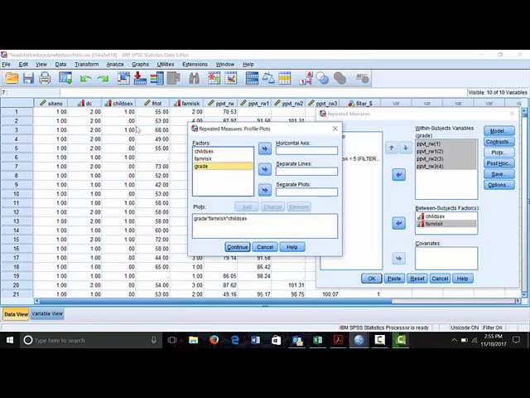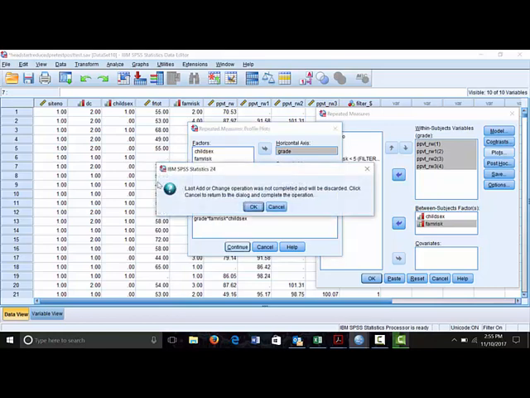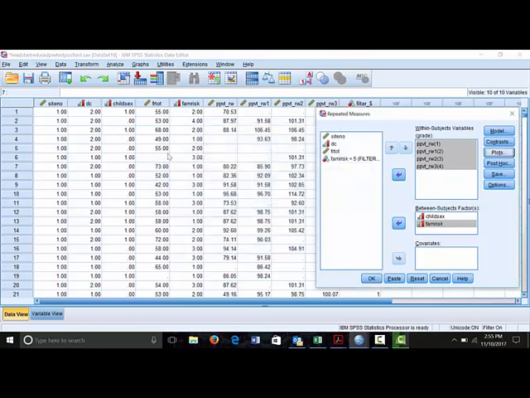The next time, again, horizontal axis is going to be grade, but this time we're going to put family risk as separate plots, and child sex as separate lines. Click continue.